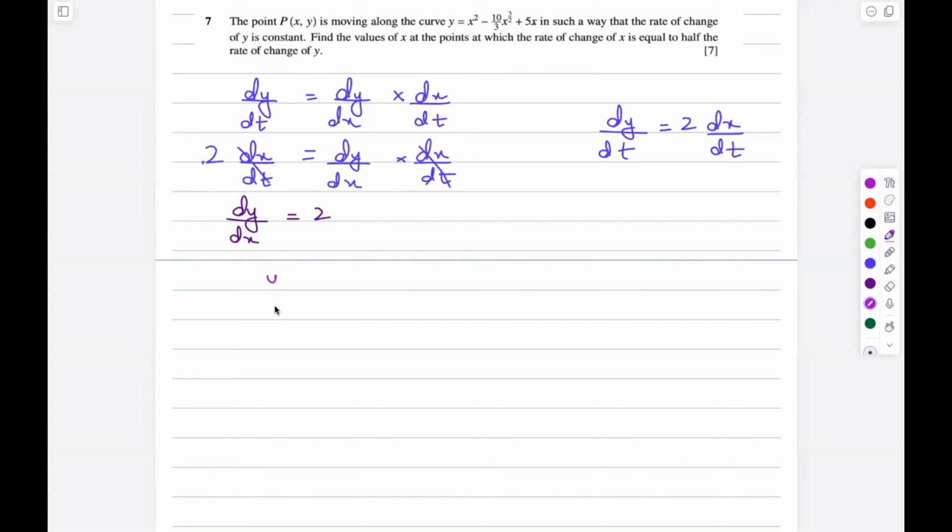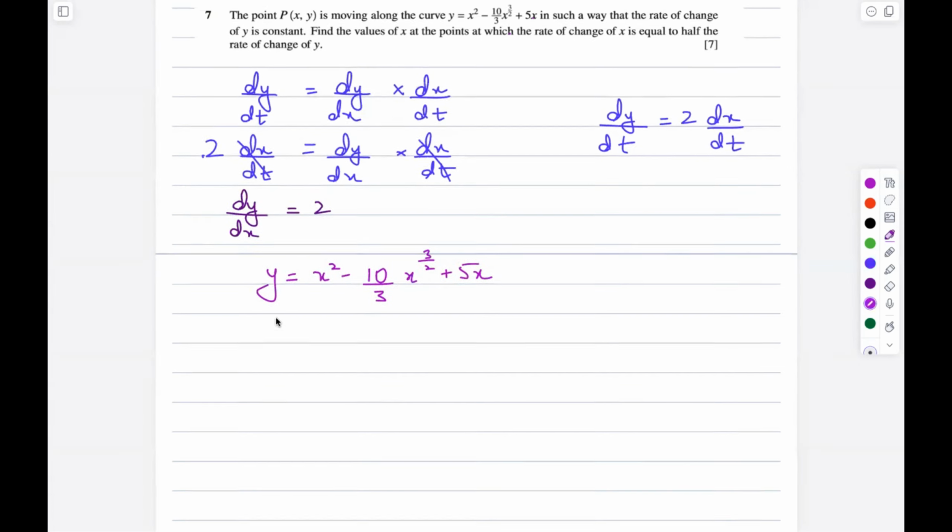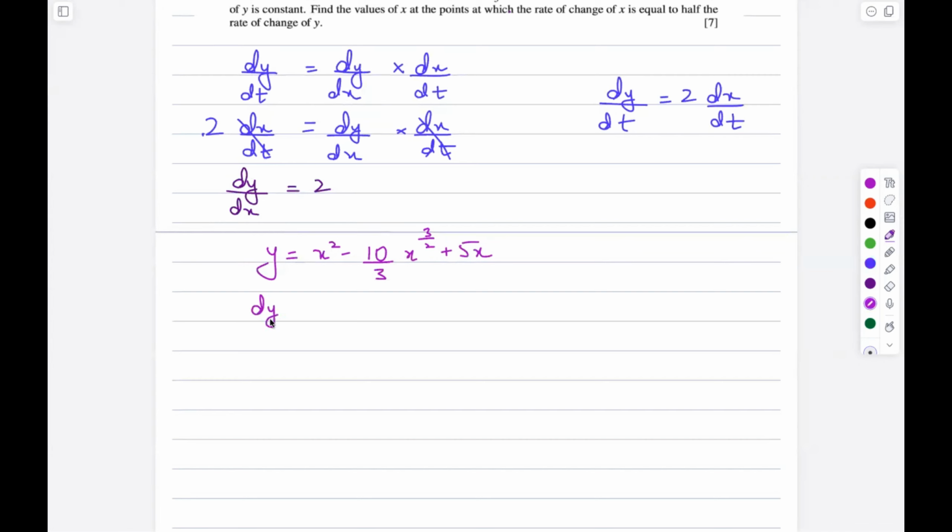So the equation of the curve is y equals x squared minus 10 upon 3, x to the power 3 upon 2 plus 5x. Differentiating this, we'll get dy by dx equals 2x minus 3 upon 2 multiplied by 10 upon 3. When we multiply 3 upon 2 by 10 upon 3, the 3 will cancel out, so this will become 5.